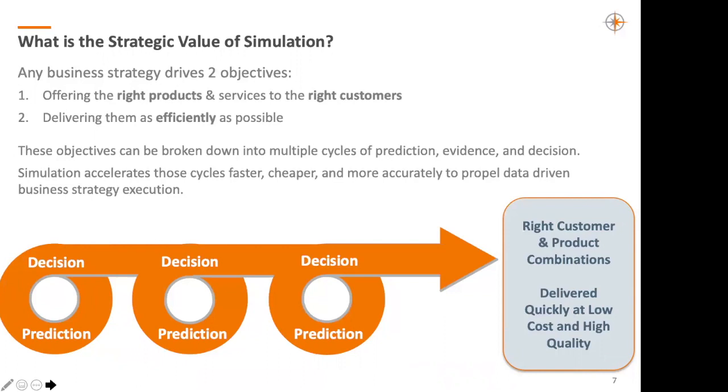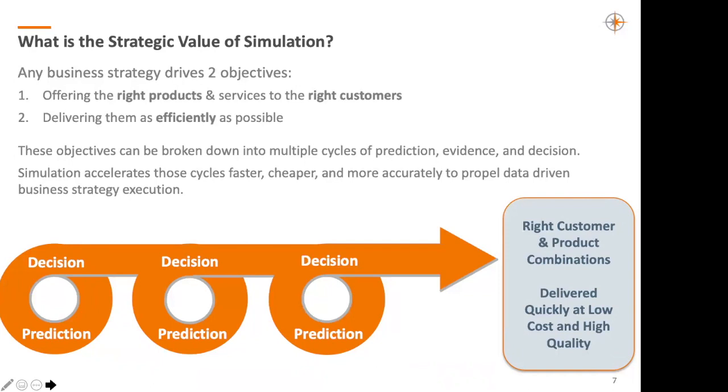And then we try it, and we get evidence back or data back. We evaluate it and make further decisions. So those cycles, as all of you know, happen hundreds of times during a day in each of your jobs. And so aggregated across your companies, there are a lot of cycles of prediction, evidence, and decisions.